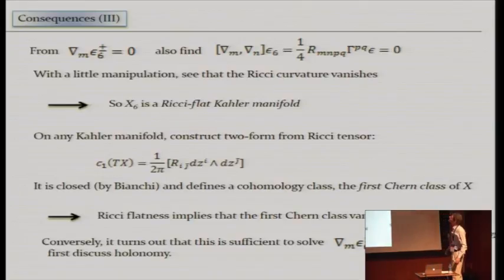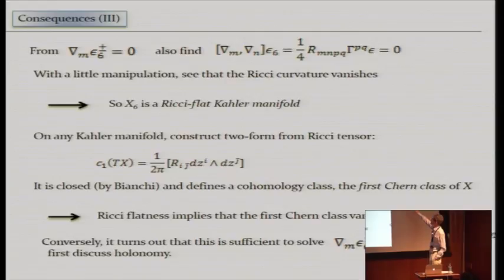Okay, further consequences. Well, I could have done this one at the beginning, I suppose. So if epsilon is covariantly constant, just by taking the anti-commutator, well, the anti-commutator is just going to give you the curvature. So you find that the curvature contracted in this combination with gamma pq, acting on epsilon, must vanish. And now again, a little manipulation.